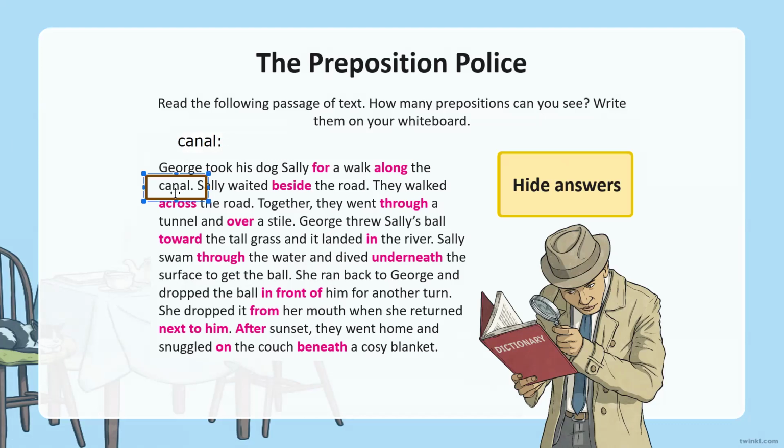It's like a waterway. Okay, and we also have in here snuggled.